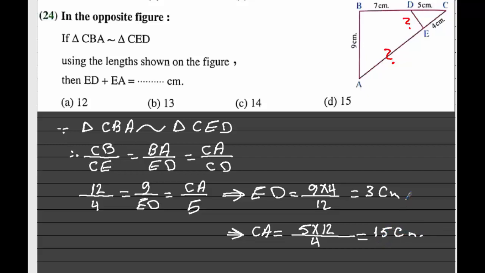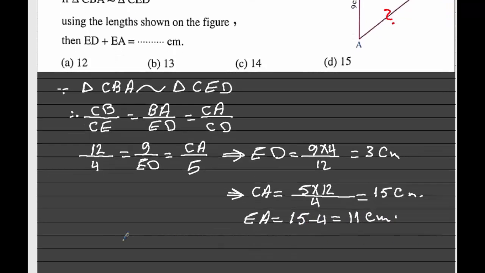Now we have CA equals 15, and from that you can deduce that EA equals 15 minus 4, which equals 11 centimeters, of course. But the required here is to find ED plus EA.